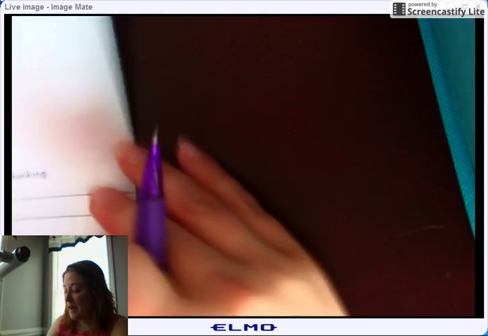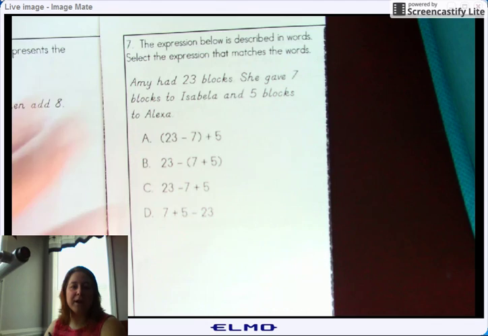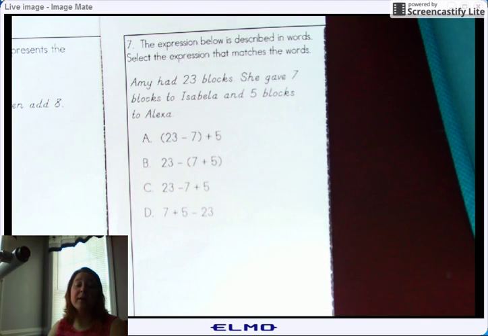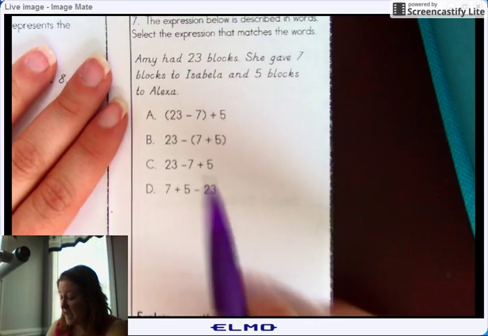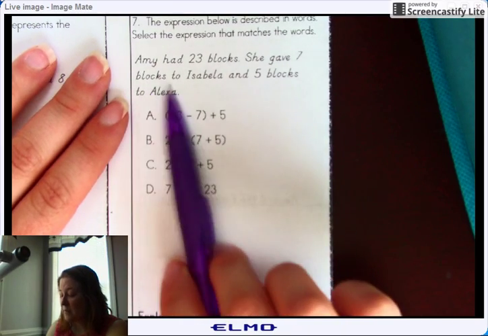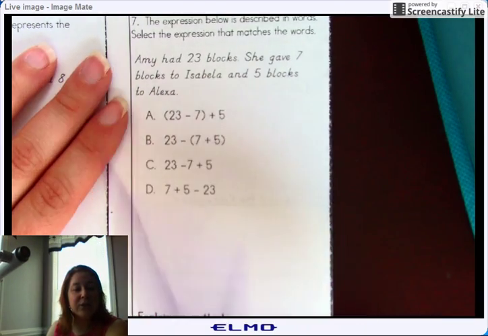Okay, I'm flipping on the back. Question 7. The expression below is described in words. Select the expression that matches the words. Amy had 23 blocks. She gave 7 blocks to Isabella and 5 blocks to Alexa. Choose the correct answer there.